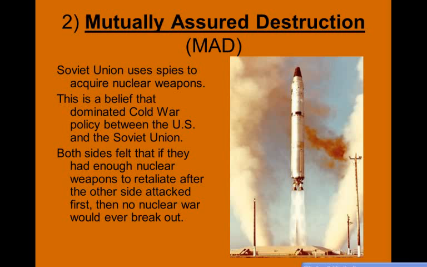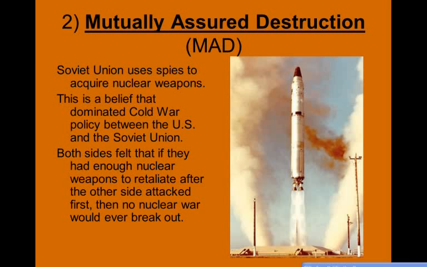The second flashpoint during the Cold War I'd like to talk about is mutually assured destruction, which has the acronym MAD attached to it, and you'll see why. As we mentioned before, the United States was the first country to build nuclear weapons and the only country to ever use nuclear weapons. But the Soviet Union is very scared about the United States having nuclear weapons as the Cold War begins, and they use their own scientists and a series of spies to acquire the ability to build their own nuclear weapons.